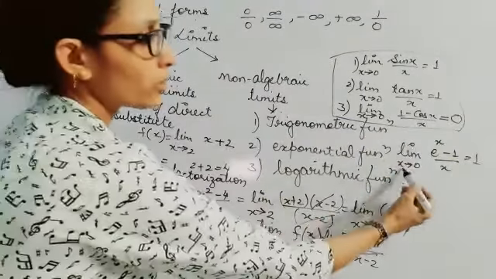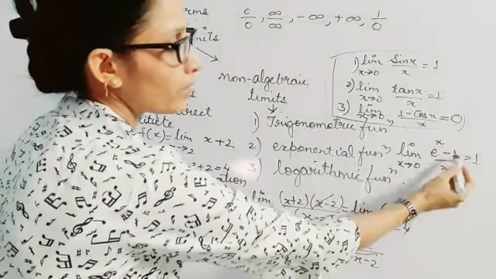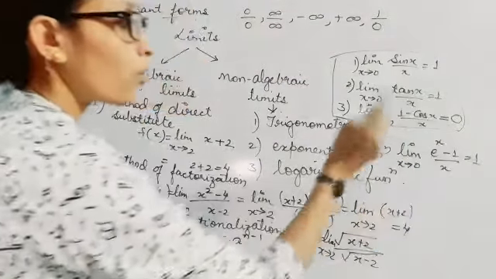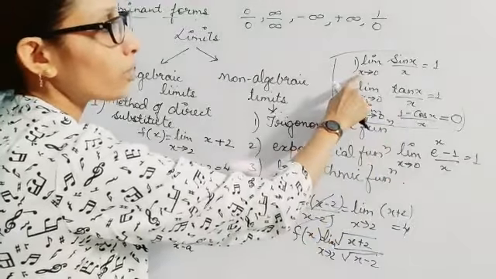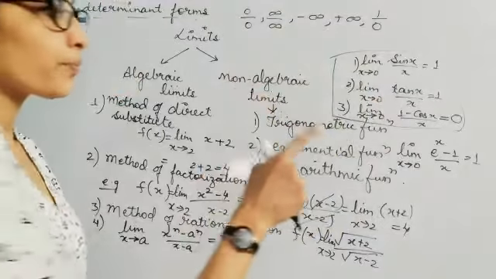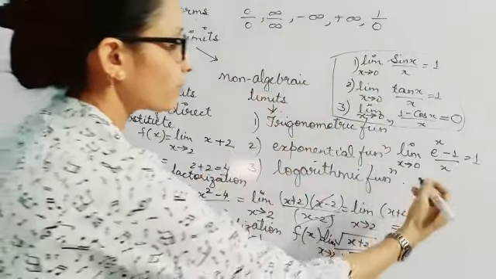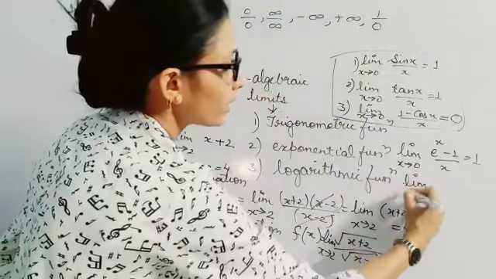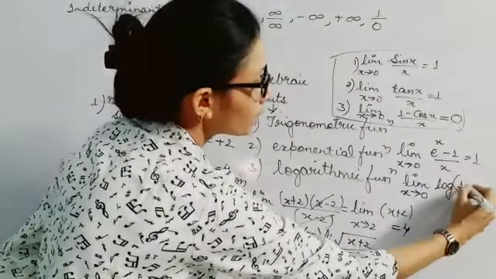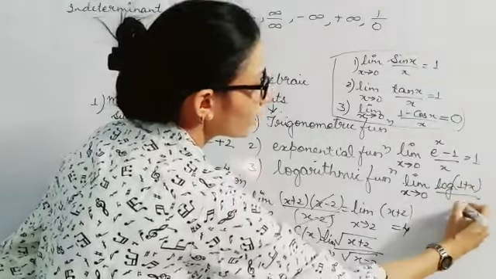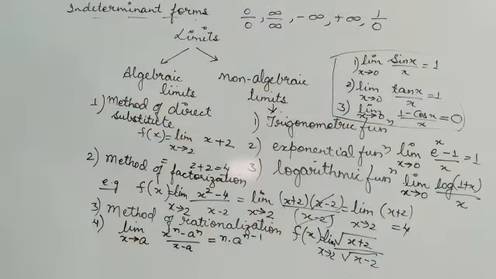Always remember, these are the standard formulae when your x is tending towards 0. Alright, when it is a logarithmic function, then you will write it as limit x tends to 0, log of 1 plus x whole upon x, which is again equal to 1.